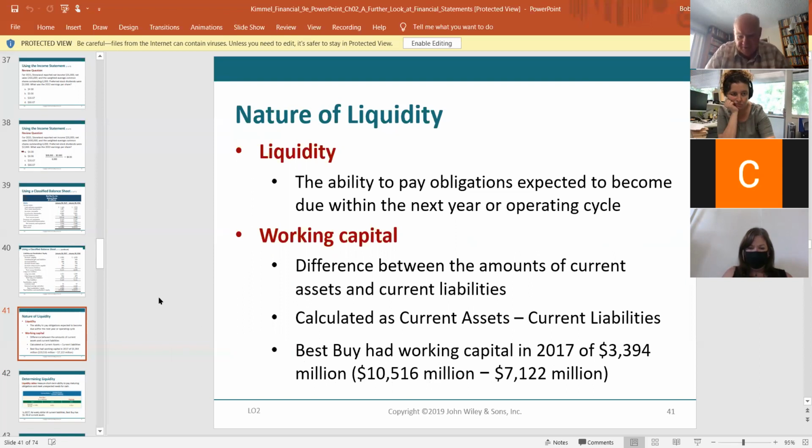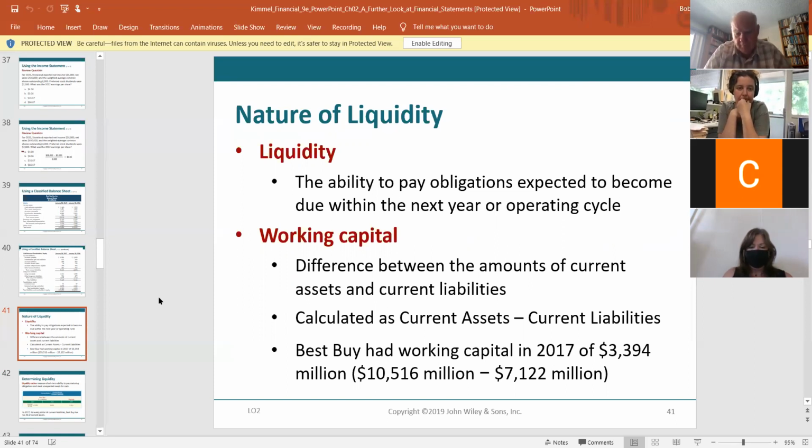What that means is Best Buy is in a position where they can pay down every single penny of their short-term debt and still have $3 billion left over. This shows the short-term health of the company mostly.